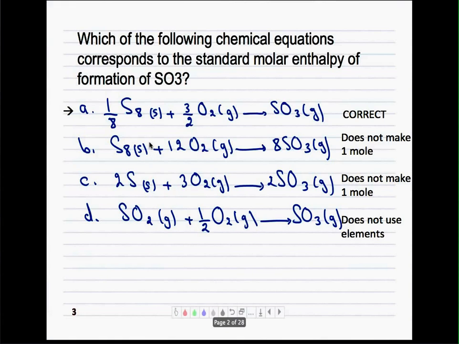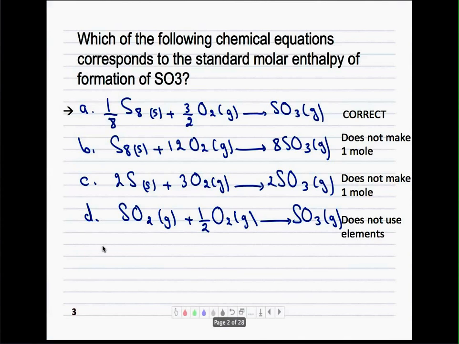Now, between these two, this one is not obvious why it is wrong, but we talked about it before: sulfur, we don't find it in nature as S. We find it as S8, and this is why I'm putting this question in here, just to bring your attention one more time that phosphorus's elemental form is P4, and sulfur's elemental form is S8.